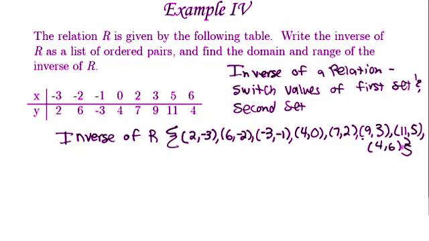So my inverse of R is this set of ordered pairs, where now my first set of values was the second set of values in the original relation.